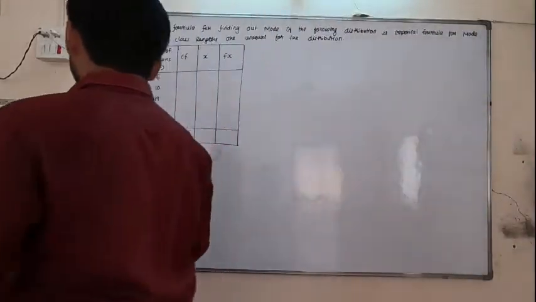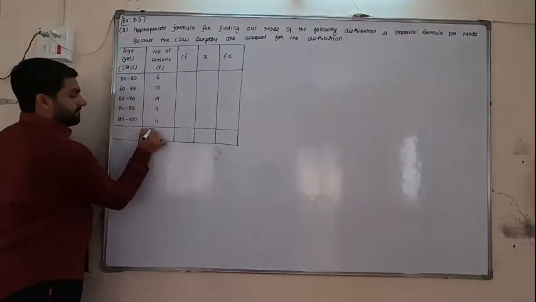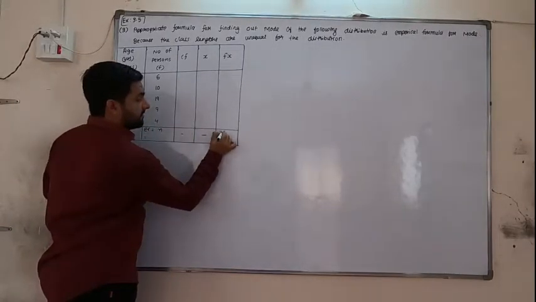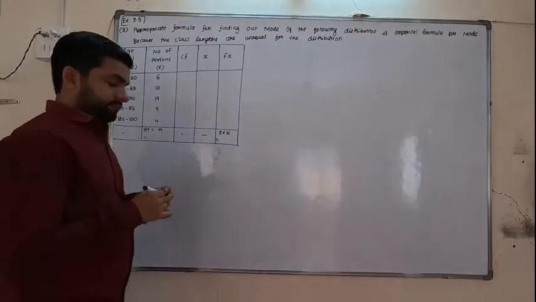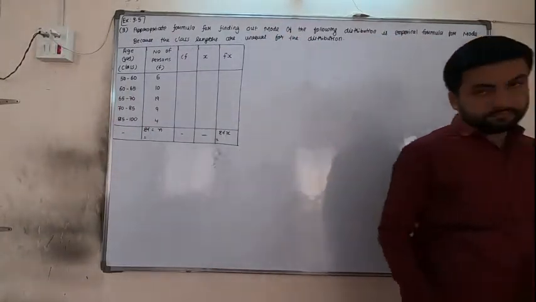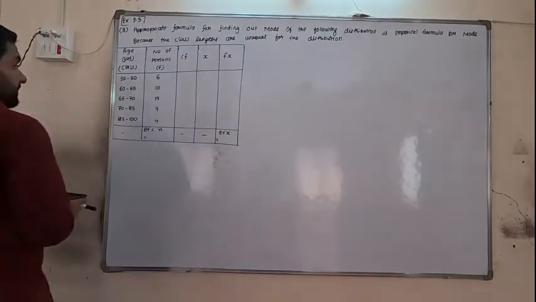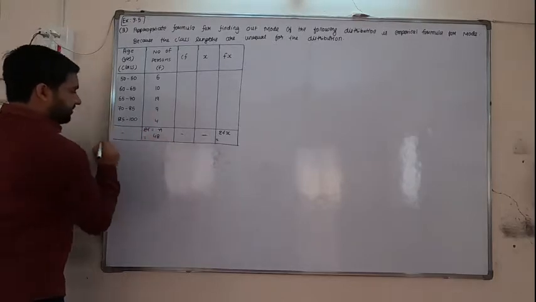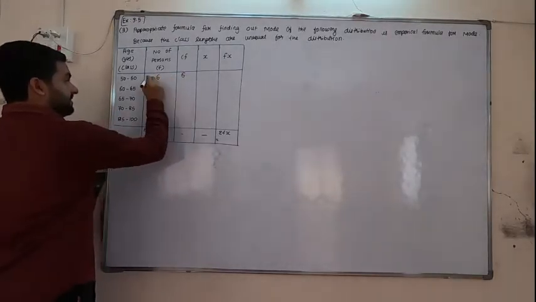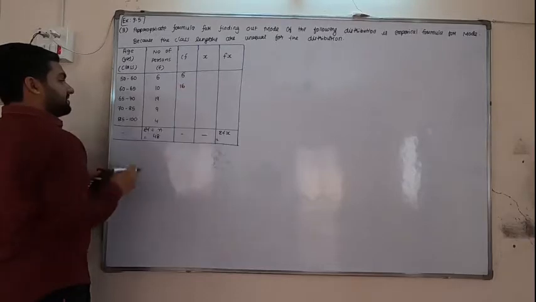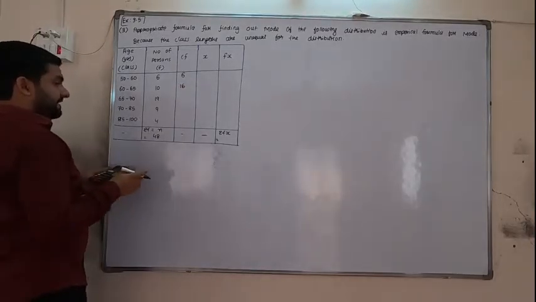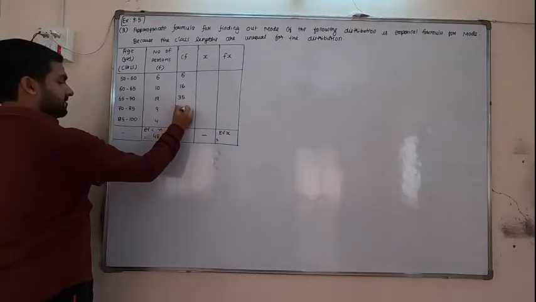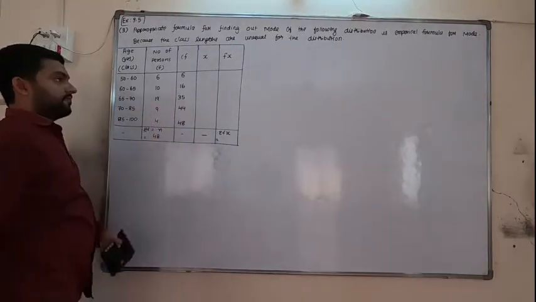Now the totals. Sigma F is equal to N, the CF total is not taken, the X total is also not taken, the Fx total is required. 6, 10, 19, 9, 4 gives 48. Now CF: 6 plus 10 is 16, 16 plus 19 is 35, plus 9 is 44, plus 4 is 48.